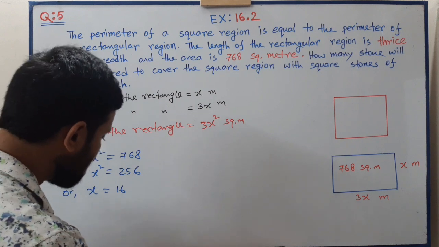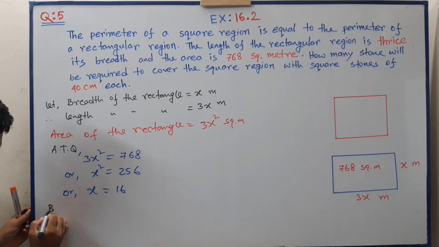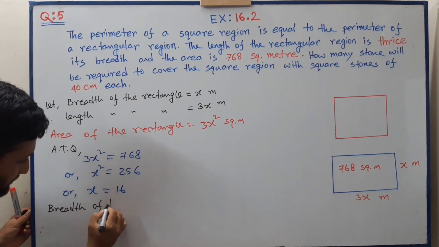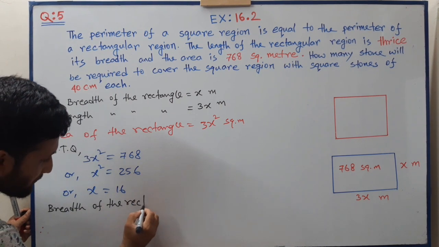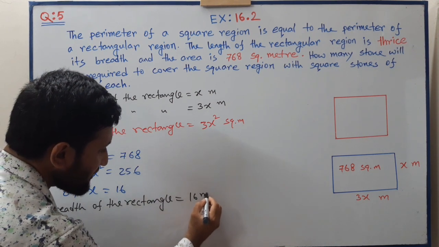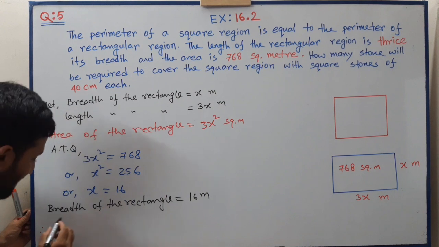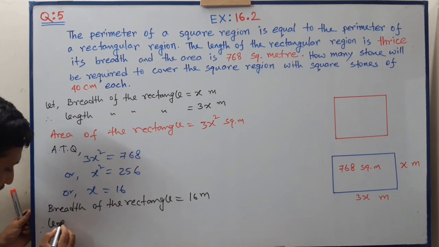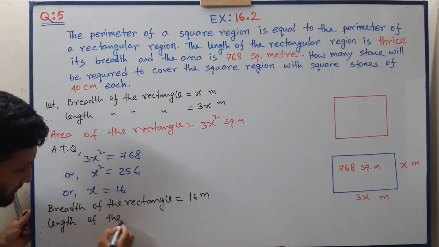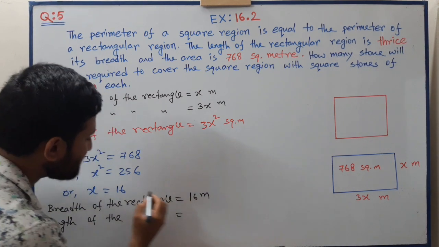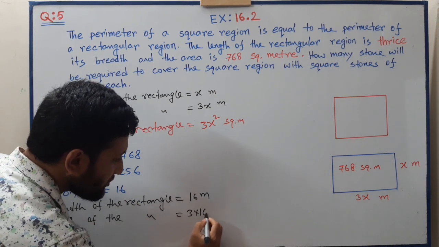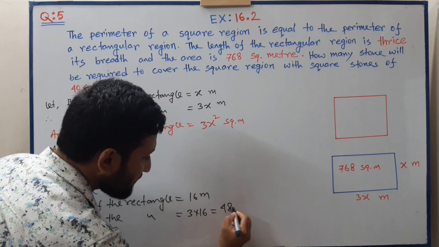So we can write the breadth of the rectangle is equal to 16 meter, and also the length of the rectangle is equal to 3 into 16, that means 48 meters.